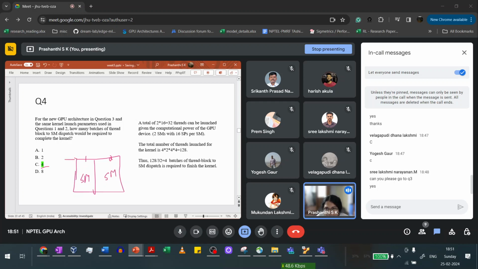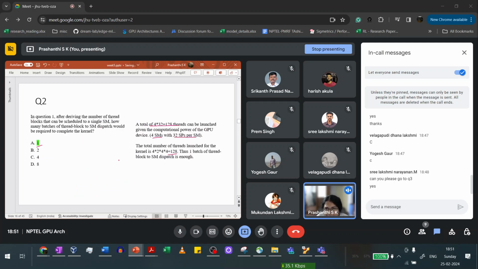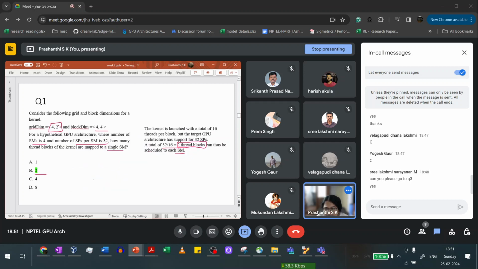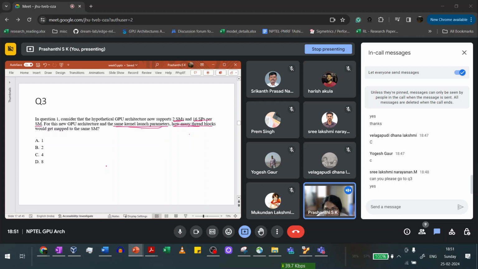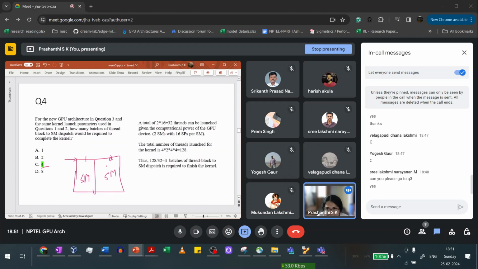But how many blocks do you have? You have 8 blocks, if you remember from the launch parameters, 4 into 2, 8. So you would need to do this in 4 batches. If I started indexing from 1, it would be 1, 2, 3, 4, 5, 6, 7, 8. So you have to do 4 batches of these across the 2 SMs to complete the kernel. So your answer is C.